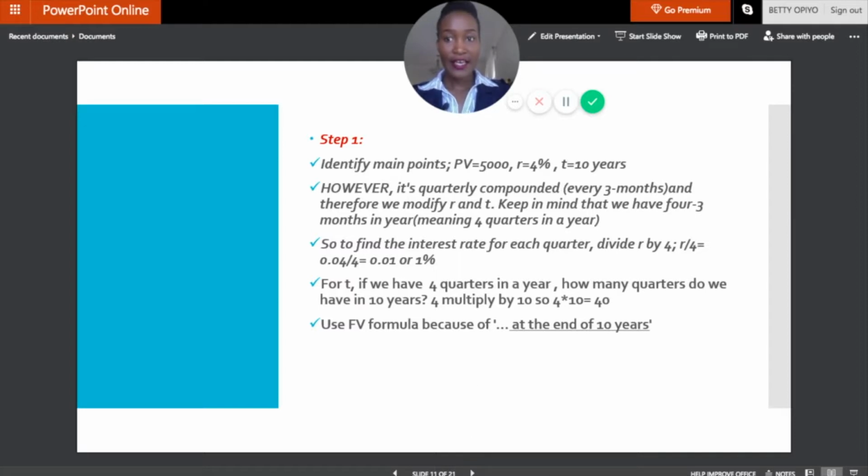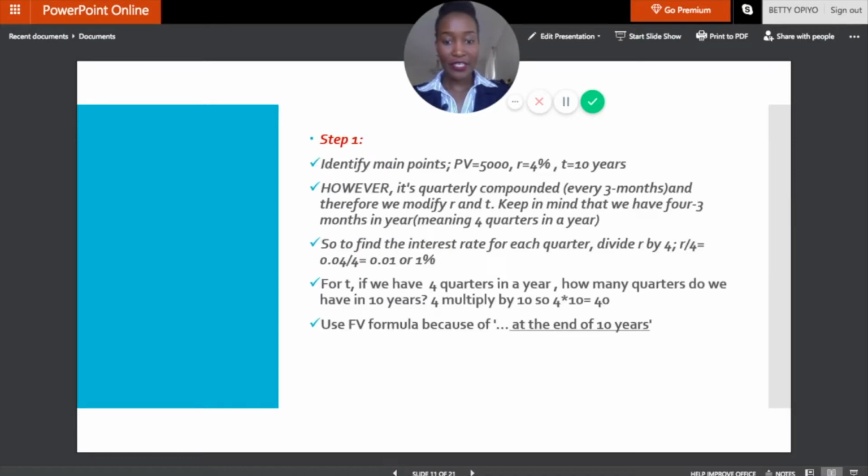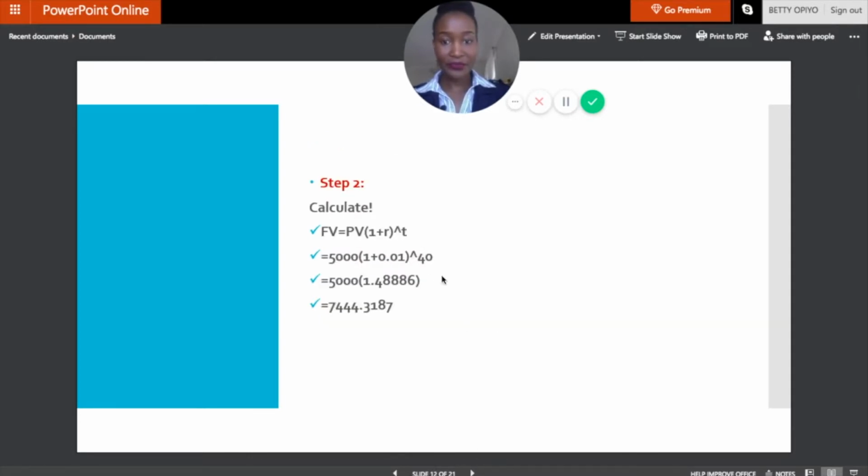All right, let's go back here. So 1 plus 0.01 and then raised to the power t. We're not going to be using 10 for t, because we already modified t by multiplying 10 times 4 to get 40. So we'll be using 40 instead.